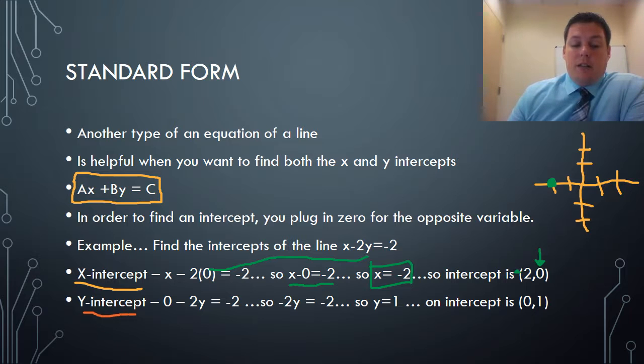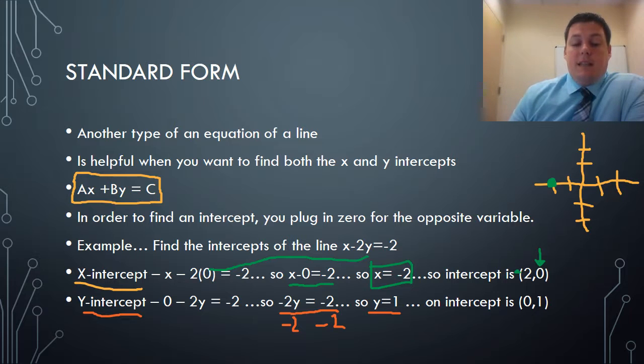For the y-intercept, we plug 0 in for x. So now our equation becomes 0 minus 2y equals negative 2. So we have negative 2y equals negative 2 when we simplify that. If we divide both sides by negative 2, we get y equals 1.